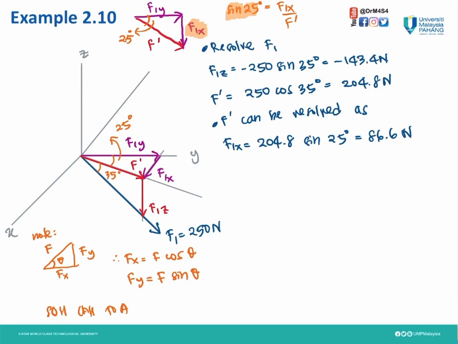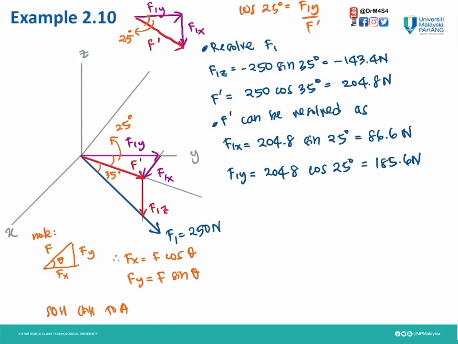So we get F1X is 86.6 Newton. Then we need to find F1Y. For this one, we have to use cos 25. By doing that, we get F1Y is 185.6 Newton. That means we have already resolved our F1 into X, Y, and Z axes.